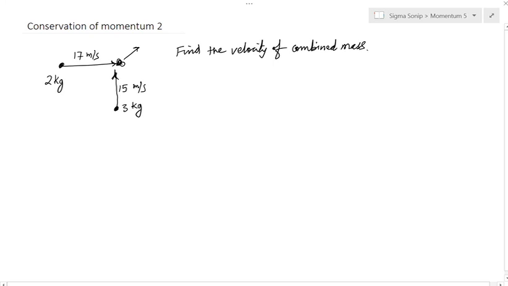Now we can take that as an isolated system, which means that the principle of conservation of momentum applies, and we need to set the initial total momentum and the final total momentum equal. That would give us a way of finding the final velocity here.